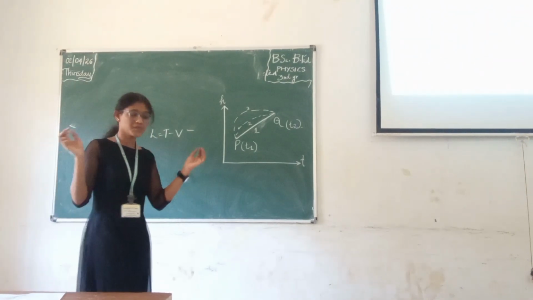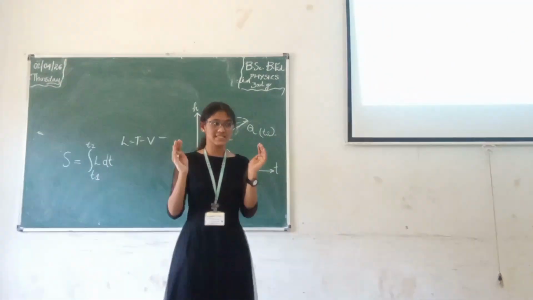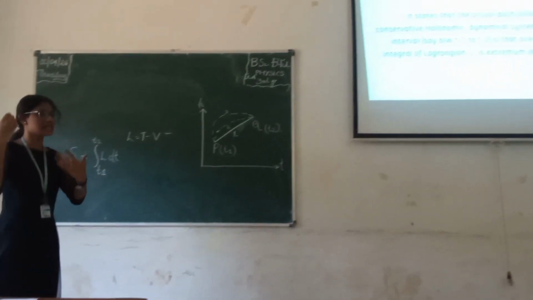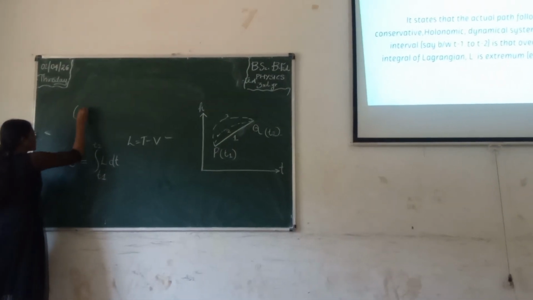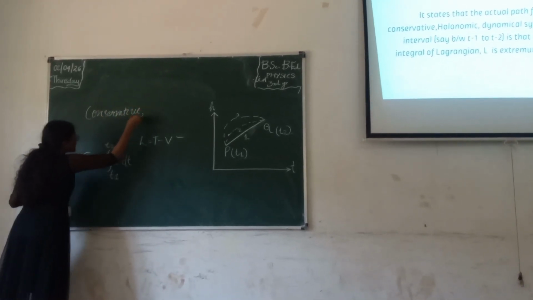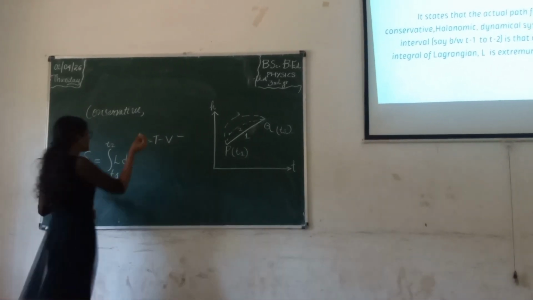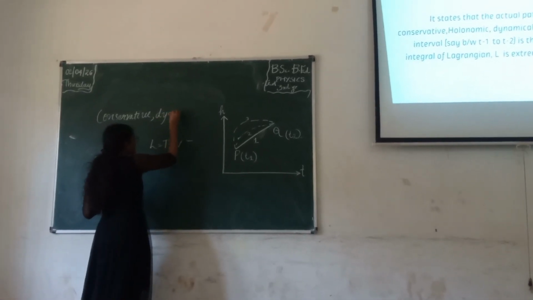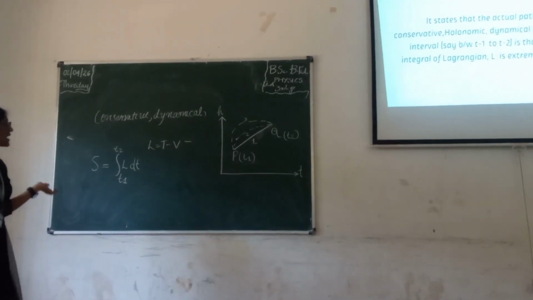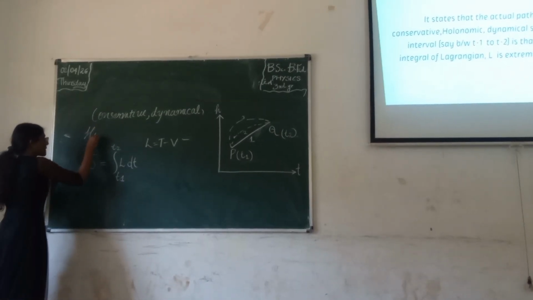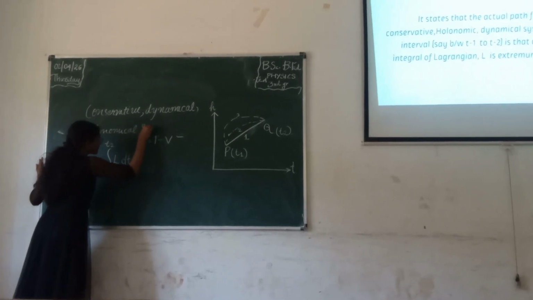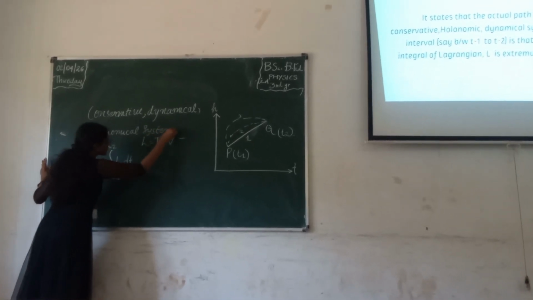Before that, if we have to explain the motion of a particular system using Hamilton's principle, we have to consider many cases. The system considered would be a conservative system, then it must be a dynamical system. Dynamical means which moves, right? And it is a holonomic system.